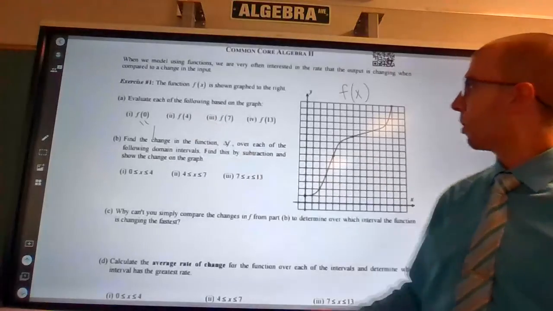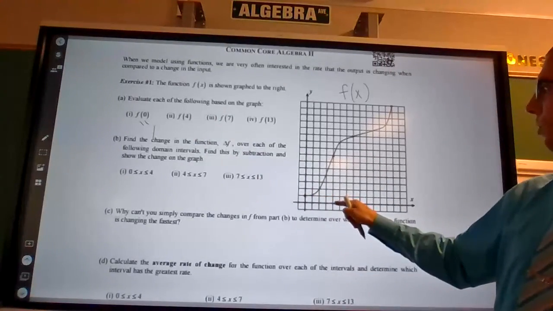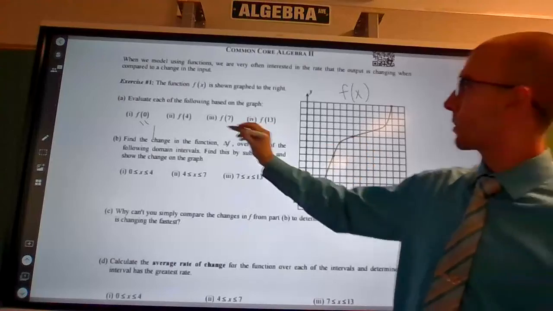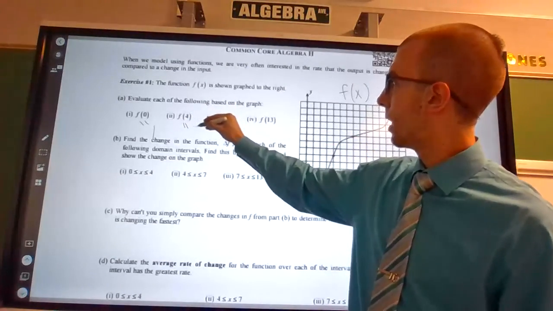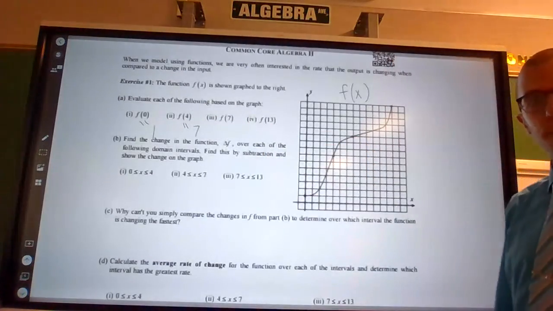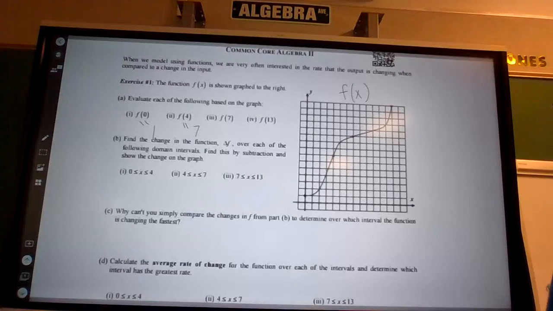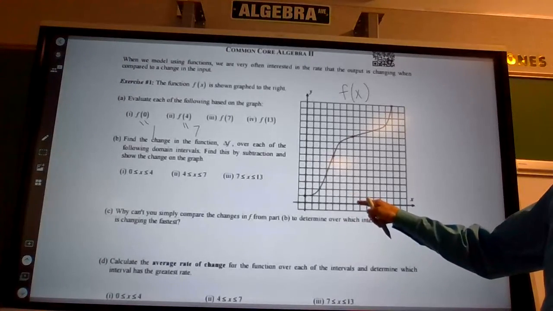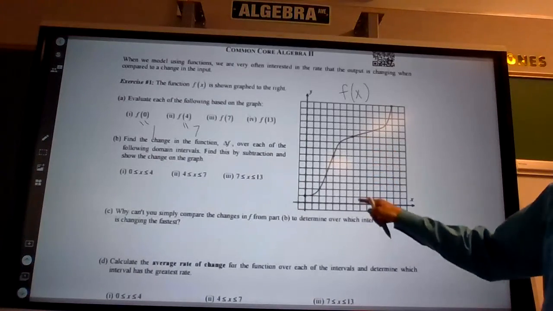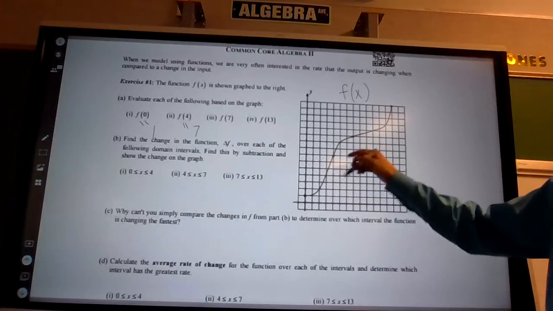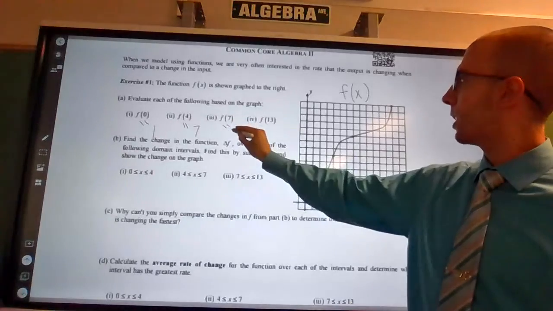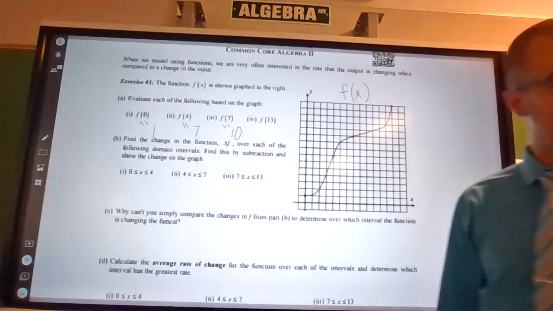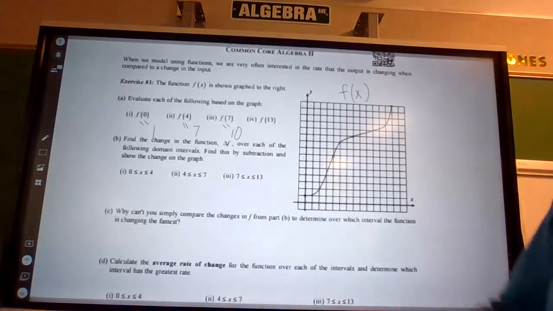What about f of 4? Well, when x is 4, looks like the function is 7. f of 4 equals 7. Okay, f of 7. What's that function value when x is 7? Well, the function is 10. It's equal to 10.